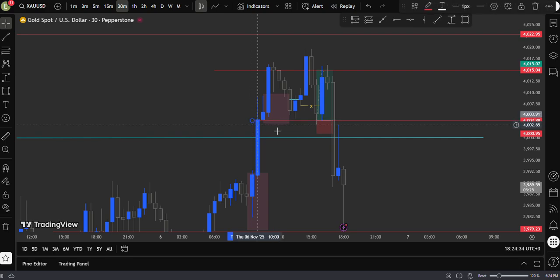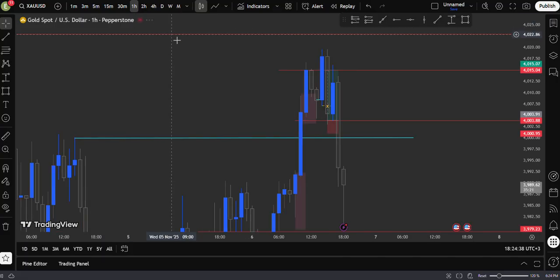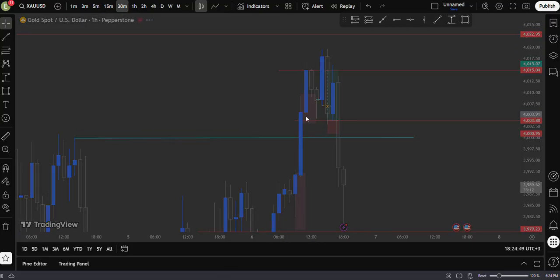There was no zone here. The only zone there was this open and close here, but it was not fresh. But there was the 15-minute open and close, which was fresh. So I saw it as ideal that the market would come back there.